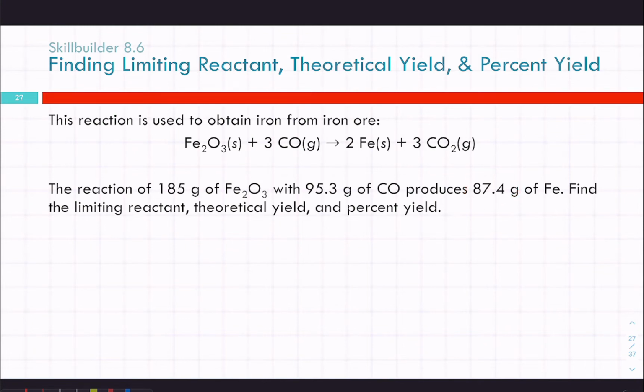Find the limiting reactant, theoretical yield, and percent yield. The trick to this problem is that this is the actual yield. So you still need to calculate a theoretical yield. And remember, we find the theoretical yield from our limiting reagent.